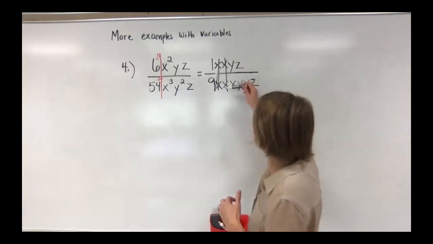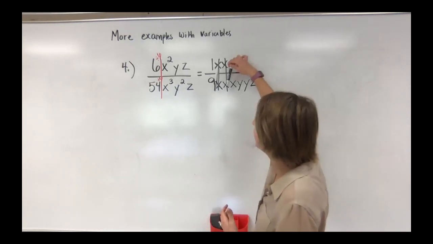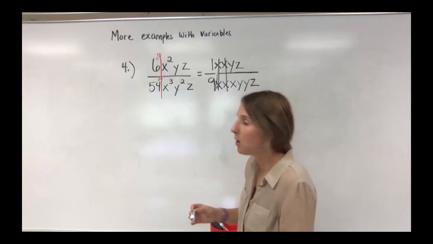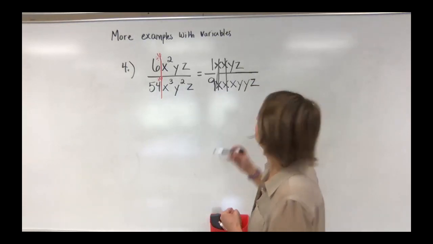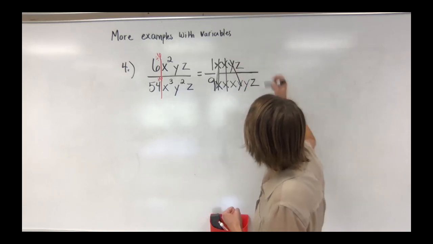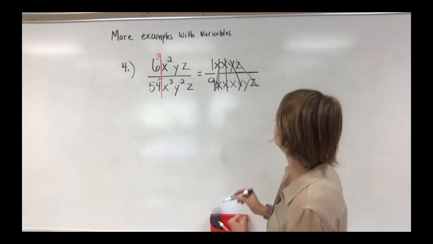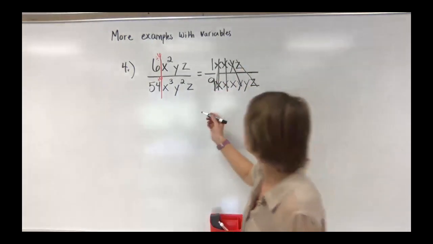We know that variables take the place of numbers, right? So same thing here. When you're taking a variable and dividing it by the same variable, it's going to give you 1. So looking for that factor of 1. A y, do I have a y on the bottom? Yes, I do. So those are going to cancel out. Z on top, z on the bottom, those are going to cancel out. Oh my goodness, there's a lot going on up there, isn't there?